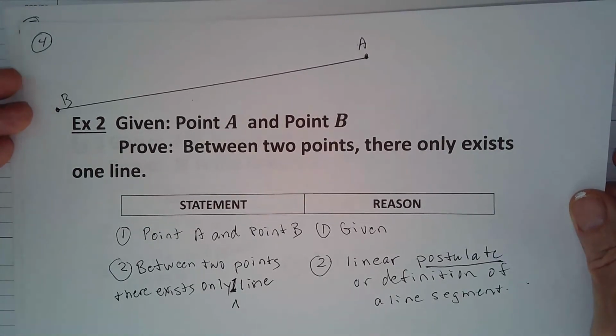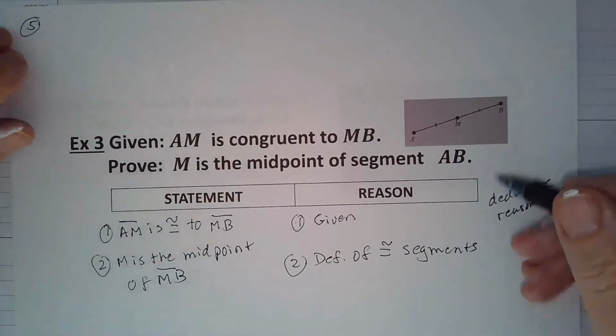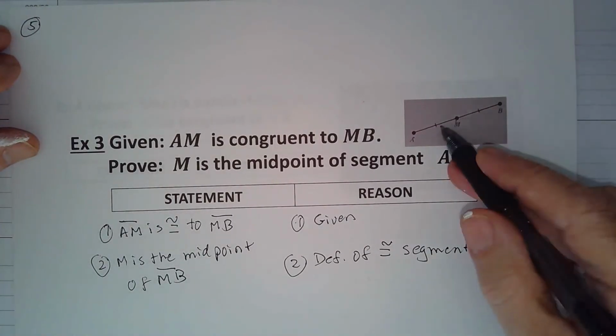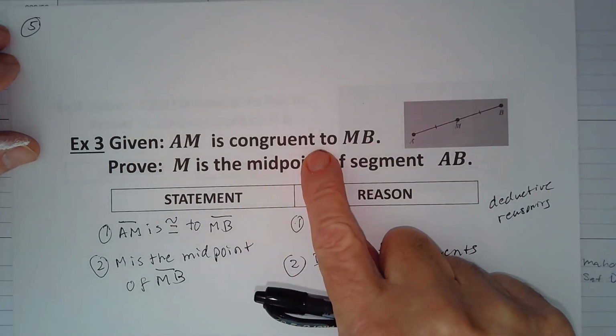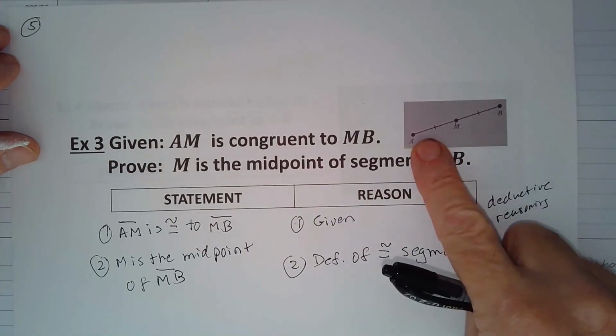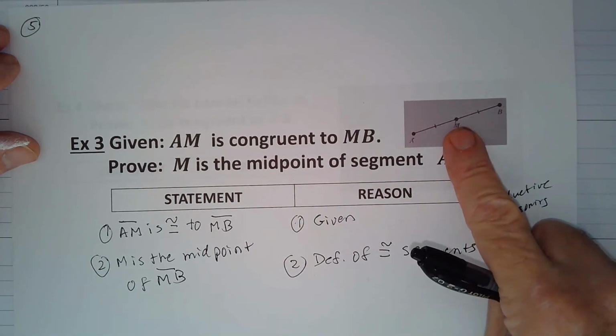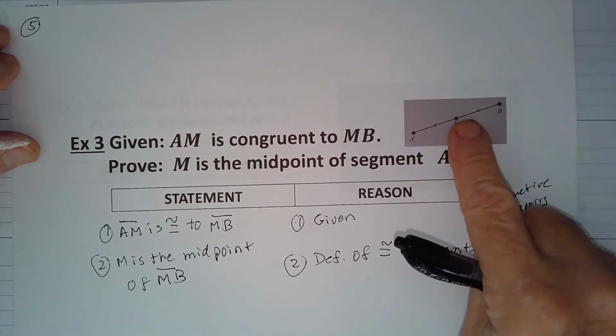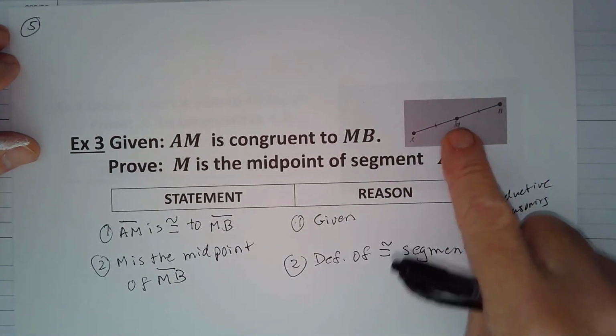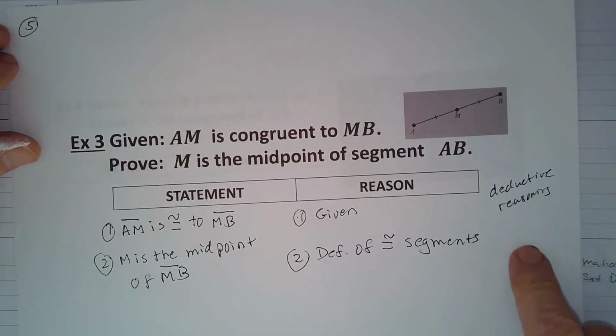I can see it myself. But this one here, somebody else had to tell you the information that told you this is congruent. If you didn't have these tick marks, if they didn't tell you that it's congruent, you wouldn't know that it's congruent. You would just see A, you would see M here, and you would see B in the line segment, but you couldn't prove that M is the midpoint without the additional information. So deductive reasoning gives you that, all right?